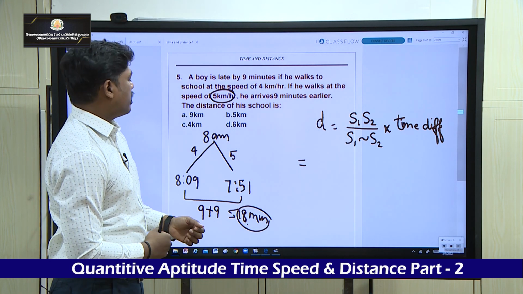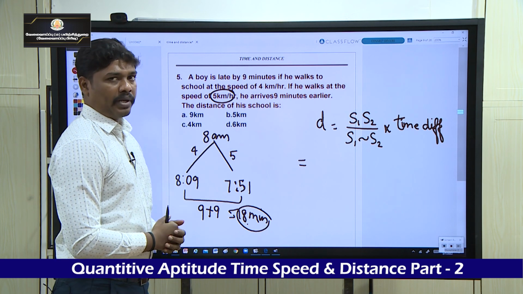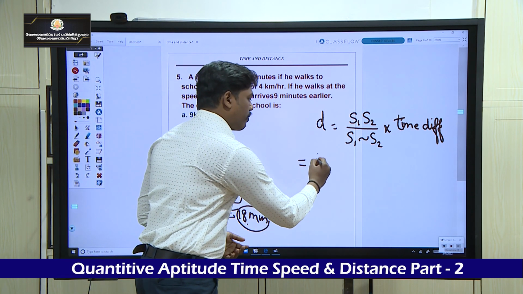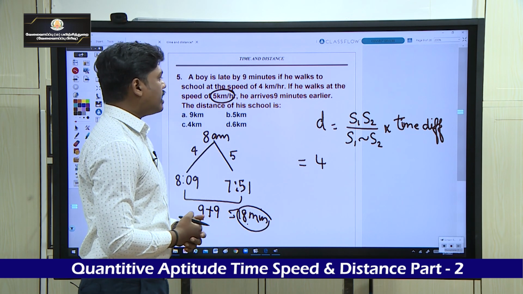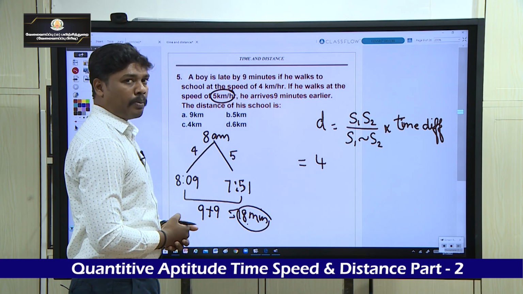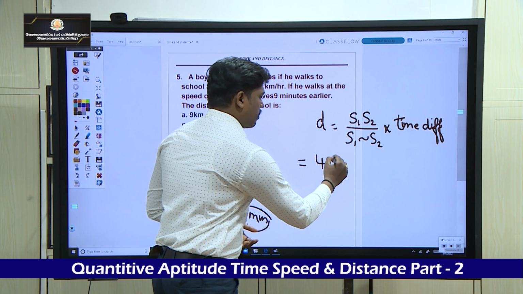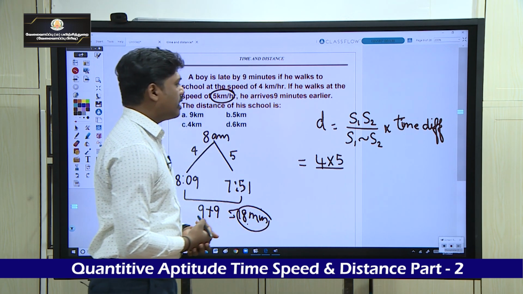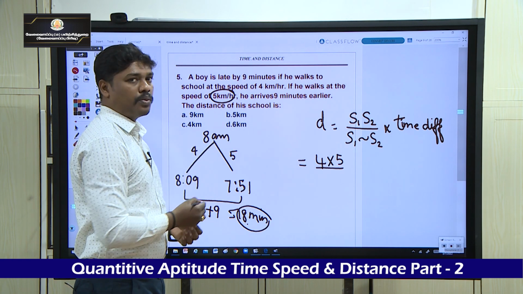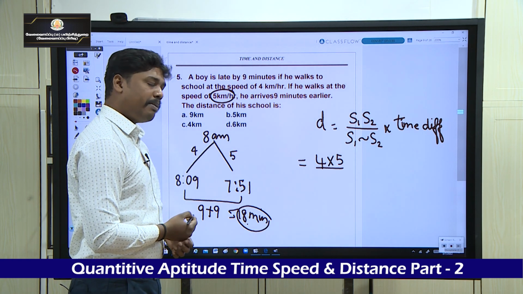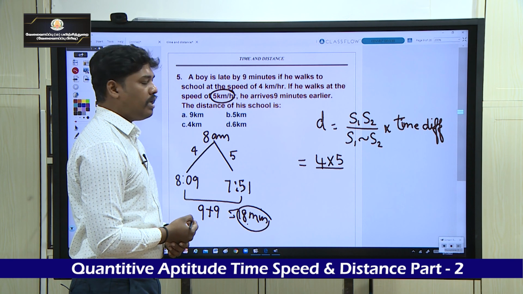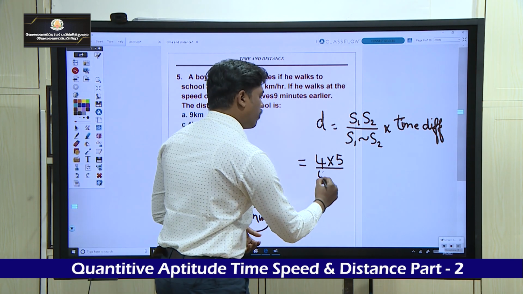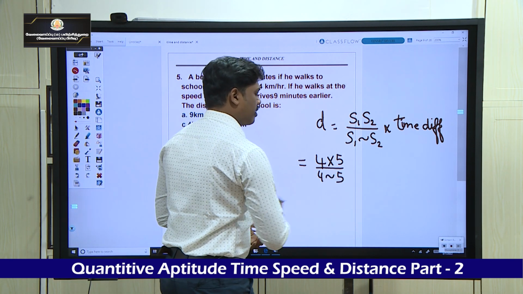So just apply here. What is S1? S1 is 4 km per hour. So write 4 here. What is S2? 5 km per hour. So multiply by 5. Next is S1 difference S2. So 5 minus 4, you will be getting 1, or 4 difference 5.